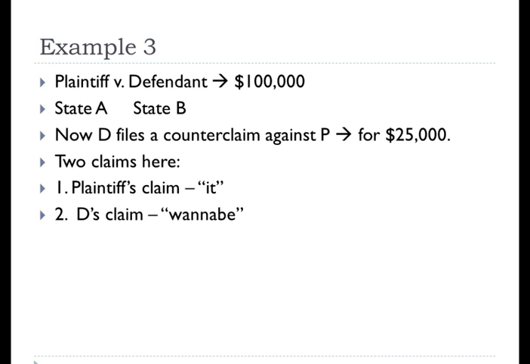There's diversity between the parties, but the defendant's claim fails to reach the amount in controversy that would be required if the defendant were simply to file this claim on its own in federal court. So the plaintiff's claim in this hypothetical would be the it claim, gets into federal court on its own. The defendant's counterclaim is the wannabe claim, could not be brought in federal district court on its own. So those are situations where we need supplemental jurisdiction to get that wannabe claim under the jurisdiction of the federal district court.